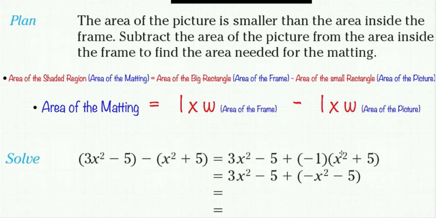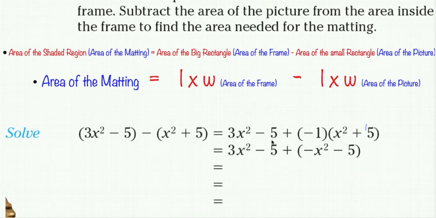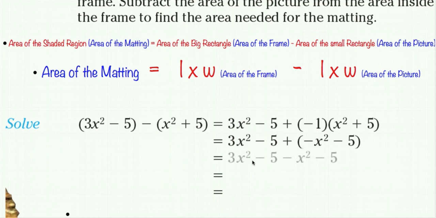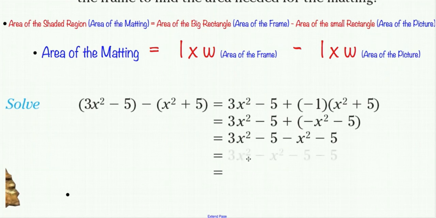So we're distributing this to x squared, and we are also distributing this to 5. Simplifying it further, we now have 3x squared minus 5 minus x squared minus 5. We simply took out the addition sign.